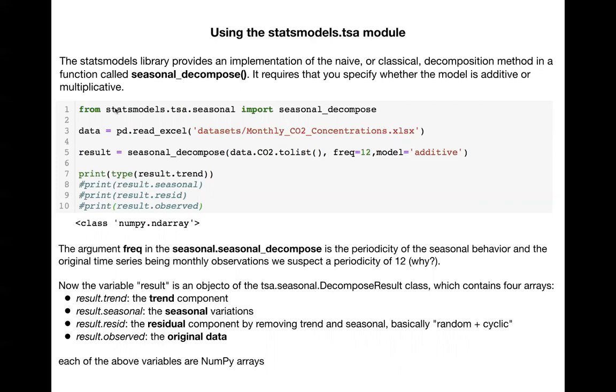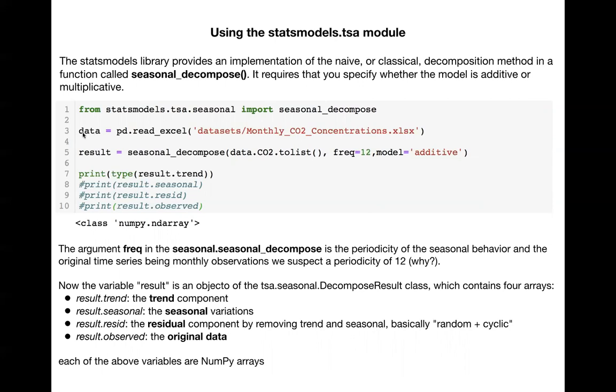The syntax is from statsmodels.tsa.seasonal import seasonal_decompose, right? By doing this, we get the seasonal, trend, and residual components automatically using that function. So let's see how we do it.